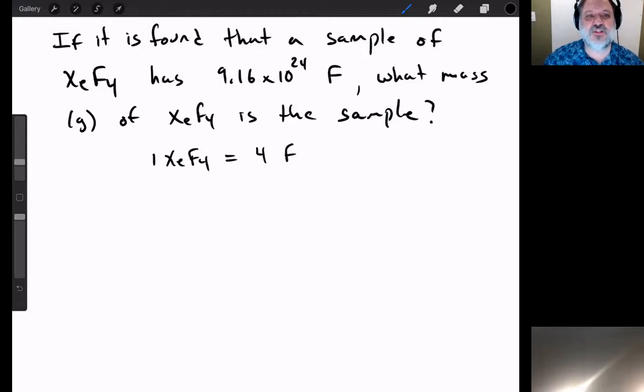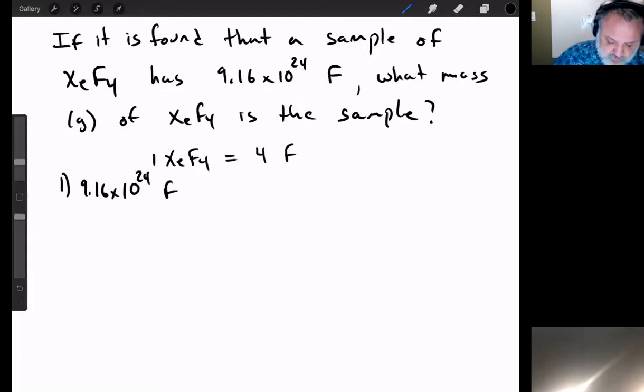And so the question is asking us, if for some way I'm able to figure out how many fluorine atoms there are in a sample of xenon tetrafluoride, then I could figure out what the mass of the sample is. And so what am I given? I'm given that there's 9.16 times 10 to the 24 atoms of fluorine.